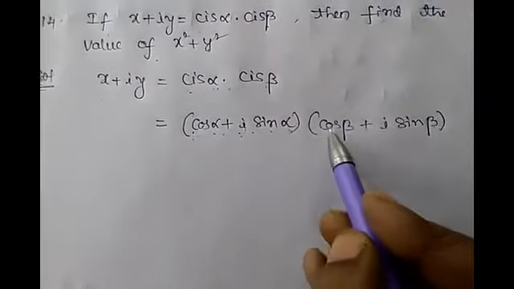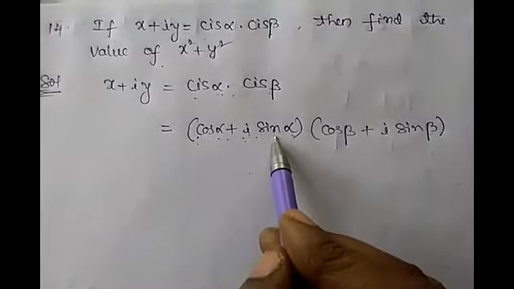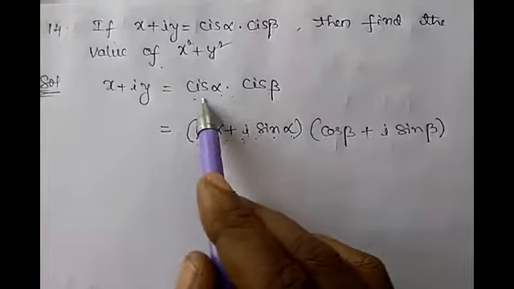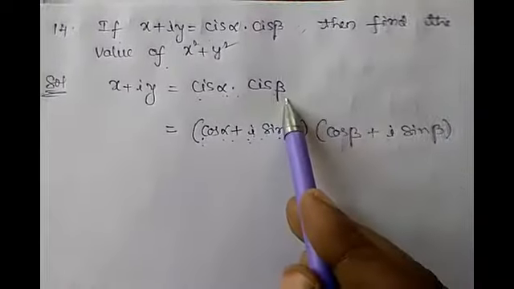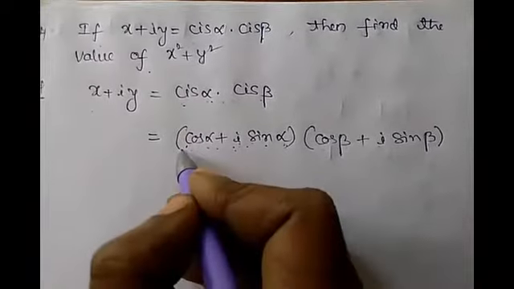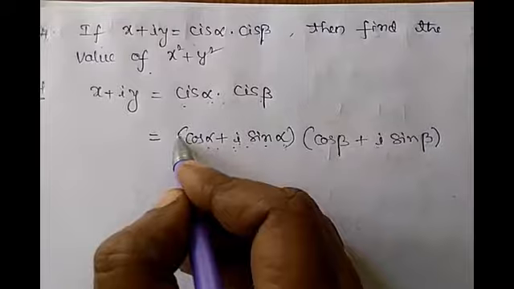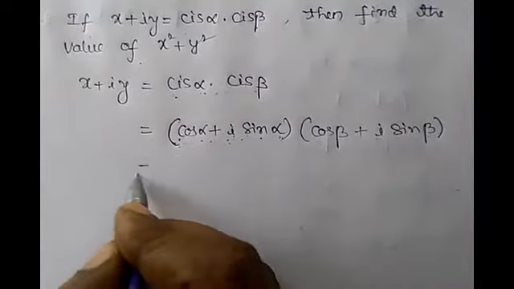Cis alpha, cis beta. So cos alpha plus i sin alpha can be written as what? Cis alpha, and cos beta plus i sin beta can be written as cis beta. Understand carefully? This is the De Moivre's theorem formula. You will get it clearly in your next chapter.